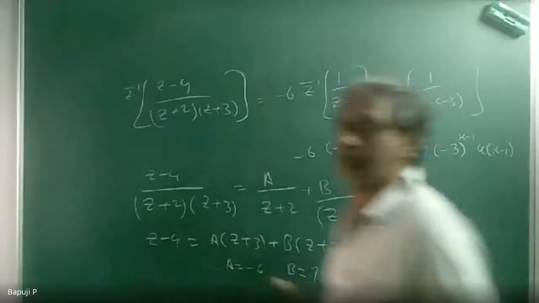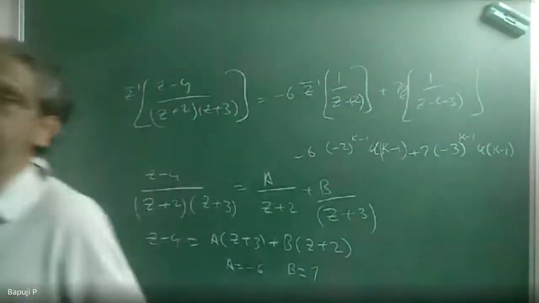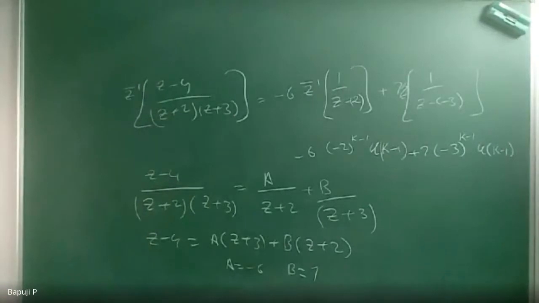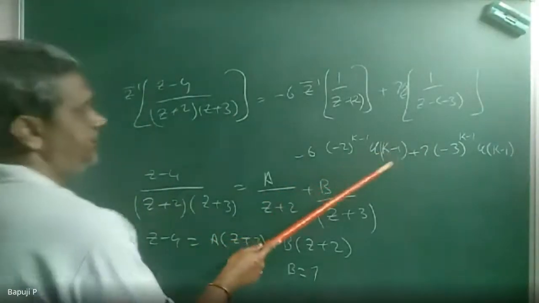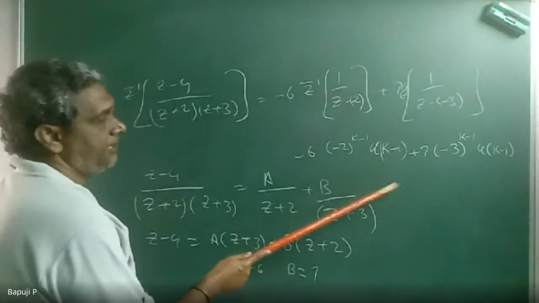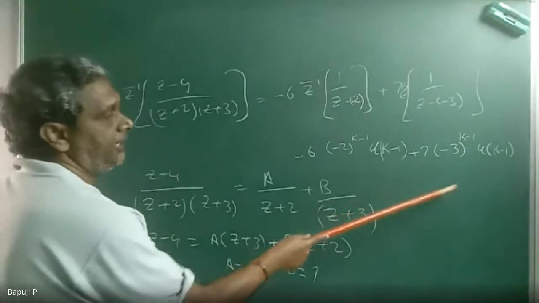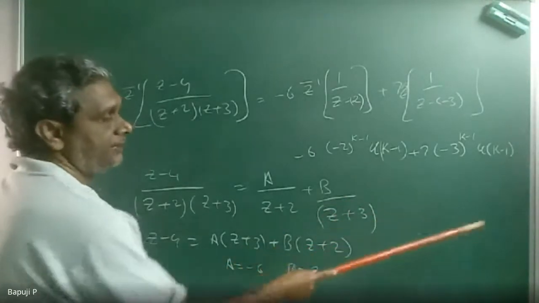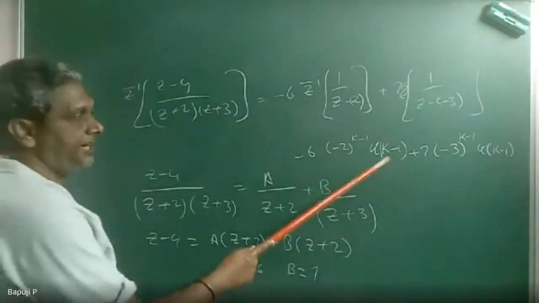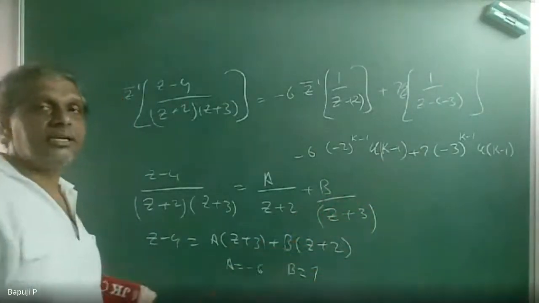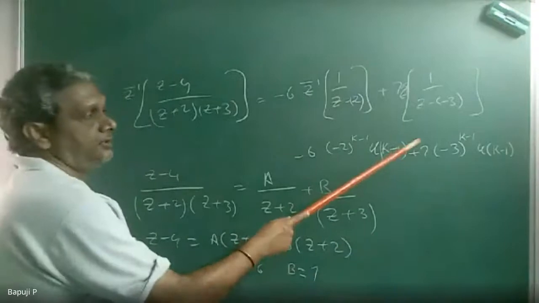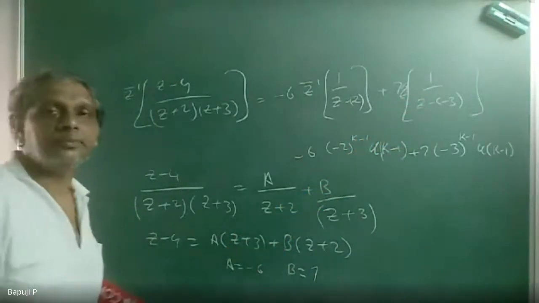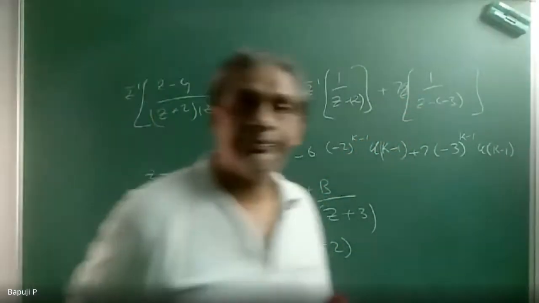Yes, sir. Okay. Now clear or not? Why am I writing u of k minus 1? Already I defined the unit step function: u of k is equal to 1 when k is greater than or equal to 0, and 0 for the other values. Similarly, u of k minus 1 is valid when k minus 1 is greater than or equal to 0. Otherwise, for the remaining values, it's not valid.